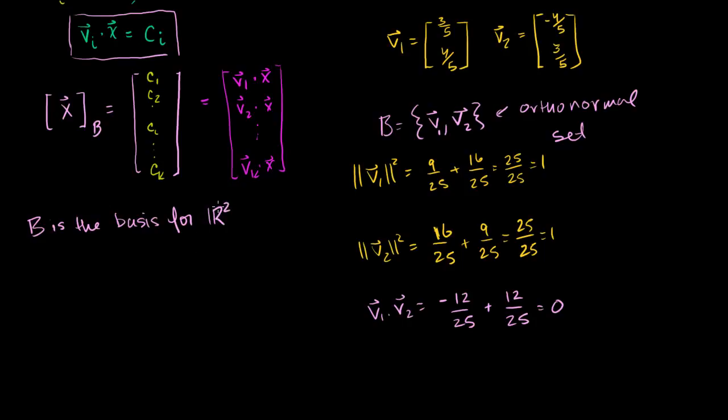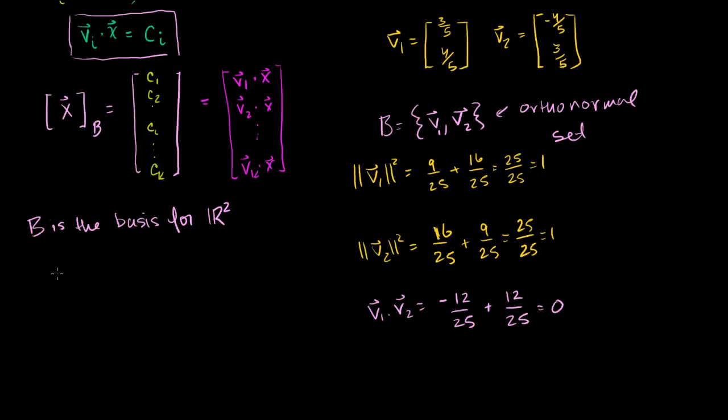How do we know it's a basis for R2? I have two linearly independent vectors in my basis, and it's spanning a two-dimensional space, R2, so this can be a basis for all of R2.